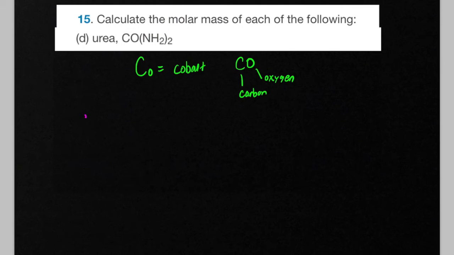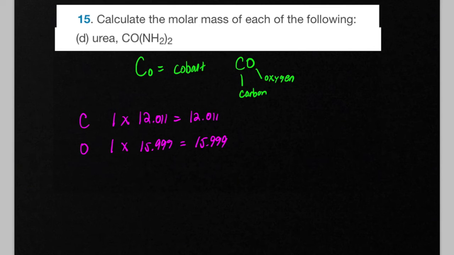And the other thing you have to watch out for are the parentheses, but we'll get to that later. So we have one carbon, which has an average atomic mass of 12.011. We have one oxygen. This is outside the parentheses, so we don't need to really think about this right now.